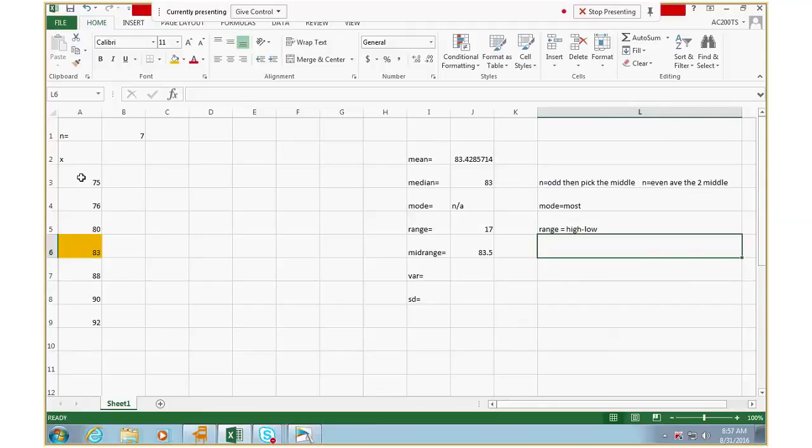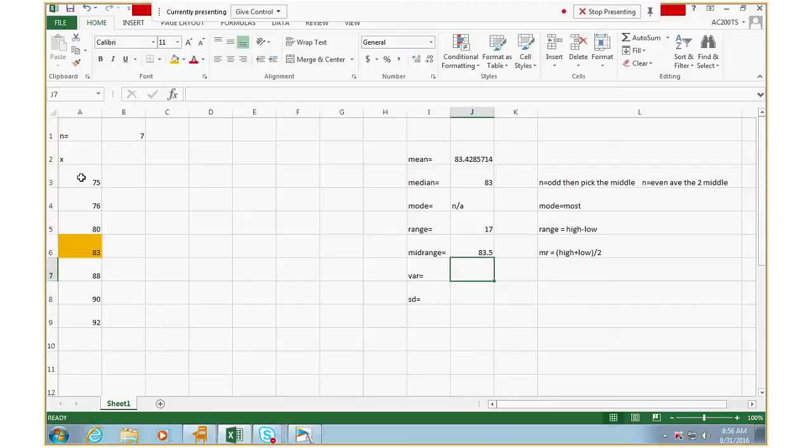It's hard to explain because it is part of statistics, but it's more part of the number line than the statistics. It's kind of both, whereas the mean and the standard deviation and the median, those are statistical, not number line. Okay? So mid-range is equal to the highest plus the lowest divided by 2.